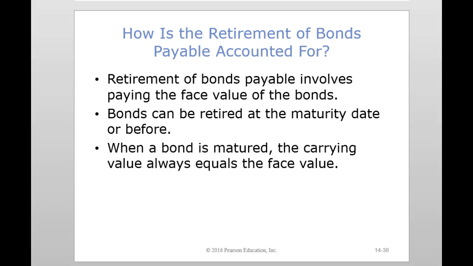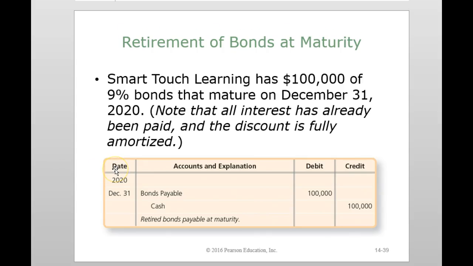The easiest way is if you get all the way to maturity. There you go. You're going to lay out the cash for $100,000 and bonds payable for $100,000. Now, if you notice, as you're moving up with a premium or moving down with a discount, that's moving your bond closer to that $100,000 even payoff.